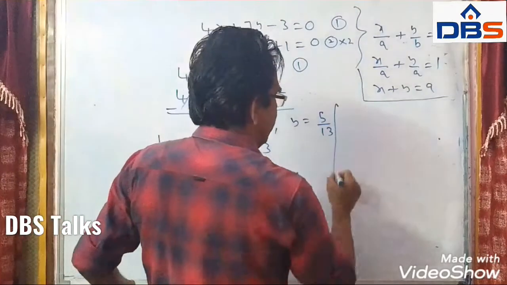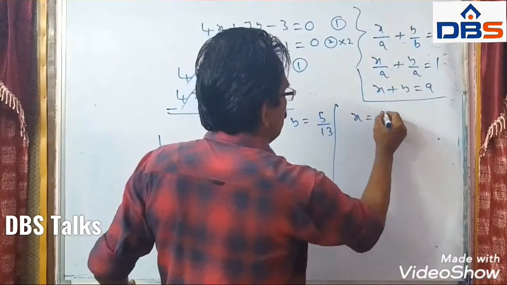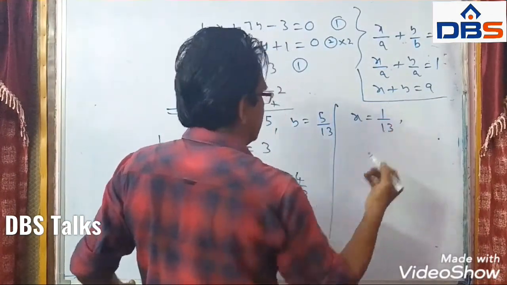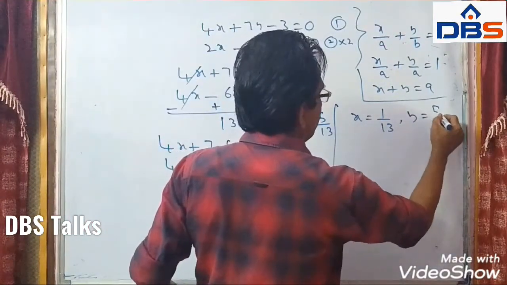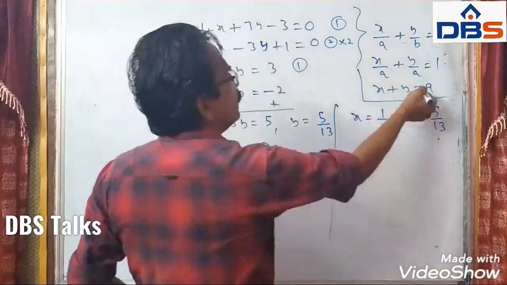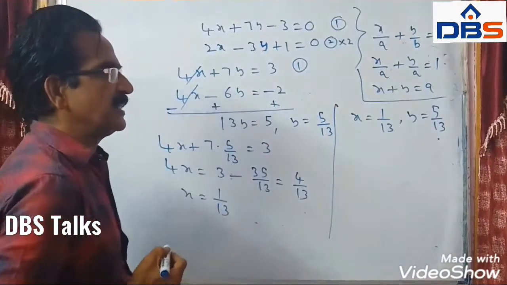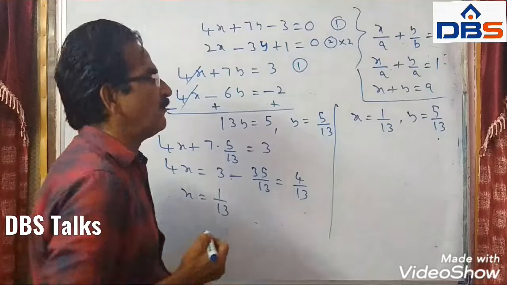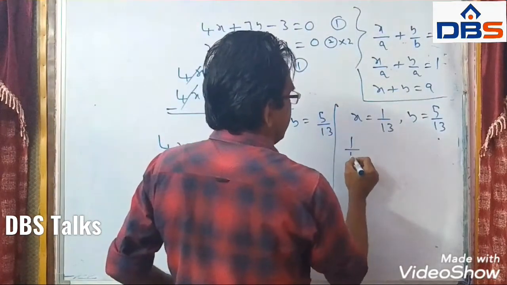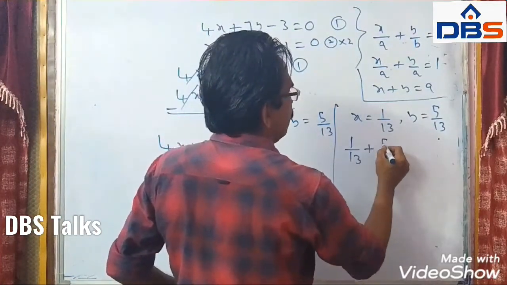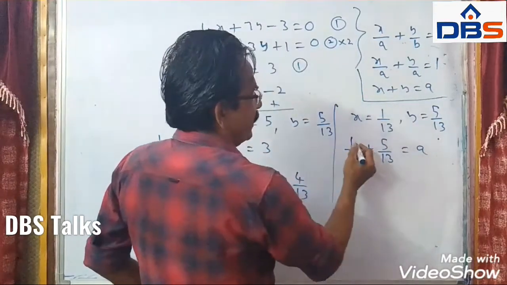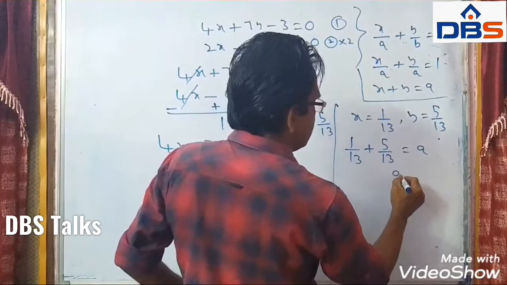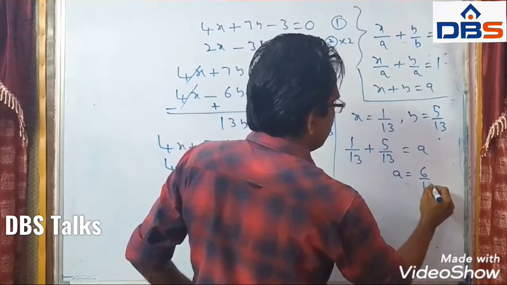So friends, x is equal to 1 by 13, y is equal to 5 by 13. So by substituting these values in this equation, we get the value of a. 1 by 13 plus 5 by 13 is equal to a, 6 by 13. a is equal to 6 by 13.